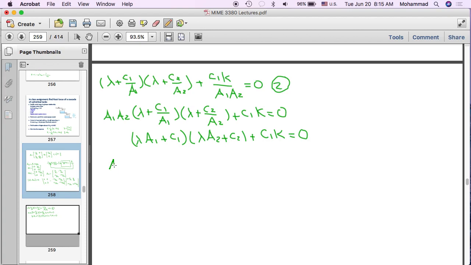So it becomes a1 a2 lambda squared plus (a1 c2 plus a2 c1) times lambda plus c1 times c2 plus c1 k equals 0.